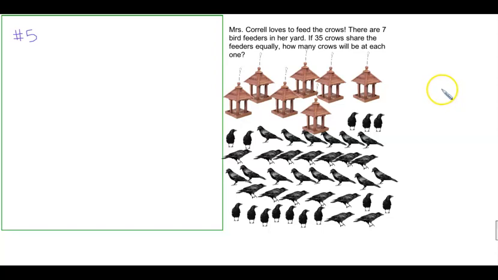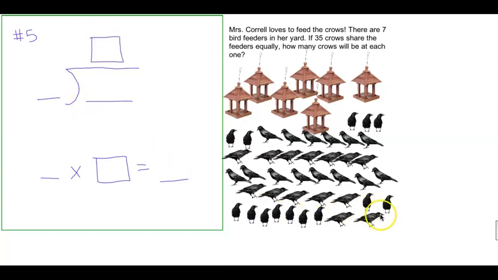And what are they being split up amongst? Remember, whatever you're splitting up, you need to put inside the saloon. And don't forget your multiplication problem. All right, give that one a try, and then we'll go on to the next one.